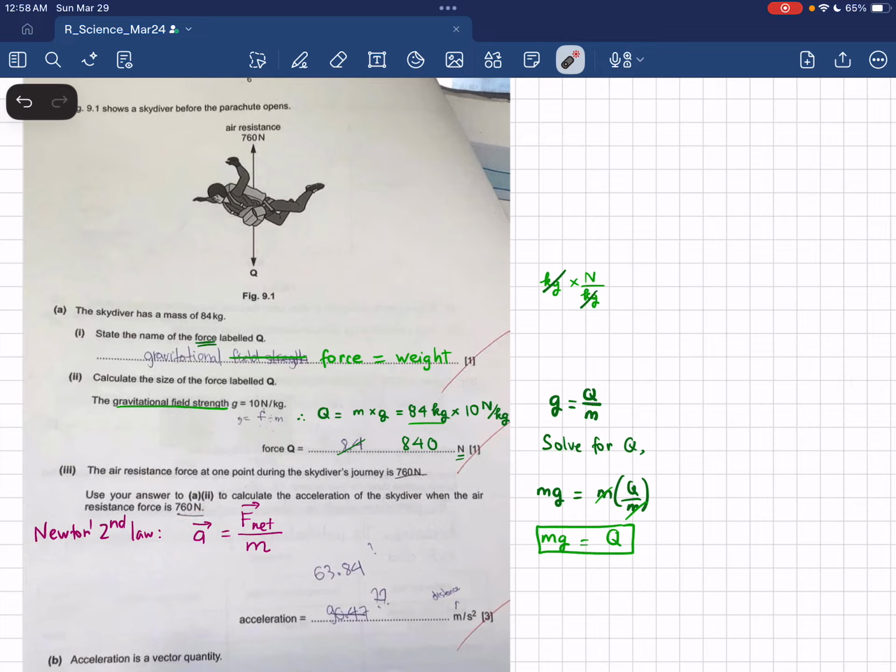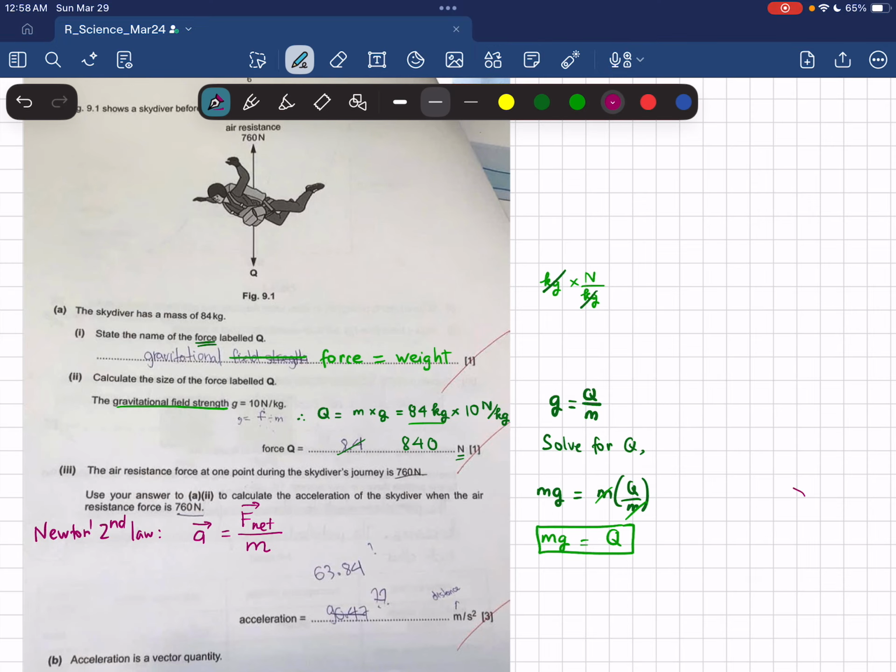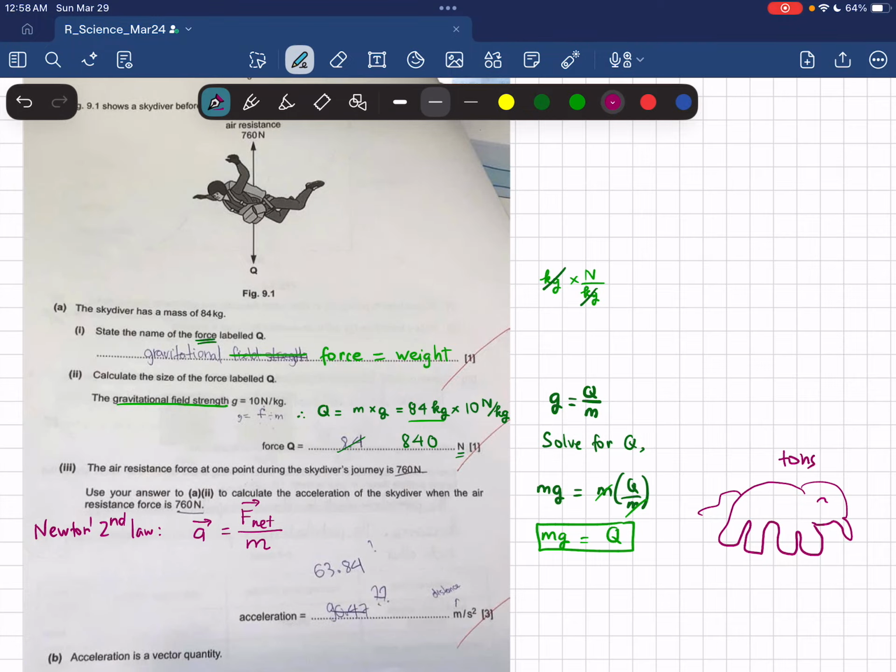So just imagine if you have a really big elephant. I'm trying to draw a really big elephant here, and it's smiling. It also has a little tail. So imagine an elephant should have its weight measured in tons, right? Many tons. So it's pretty heavy.